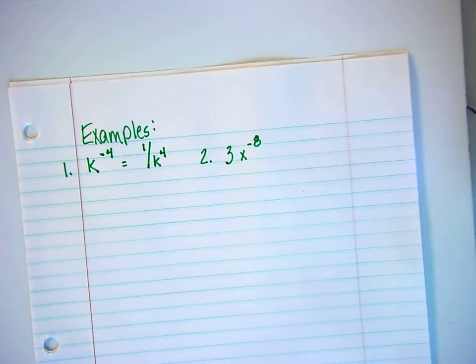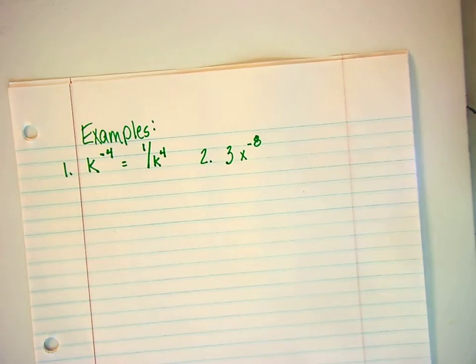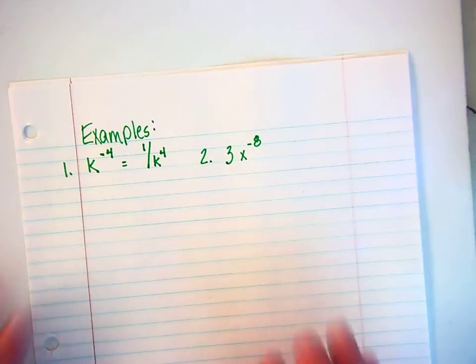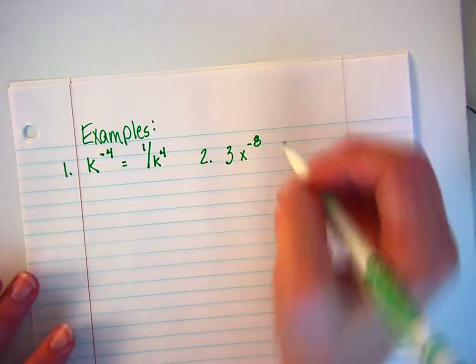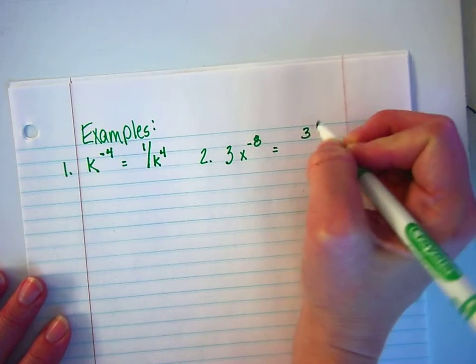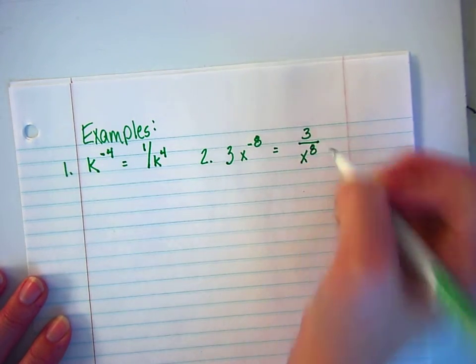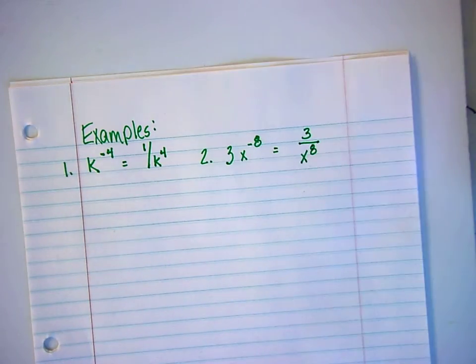Does the negative 8, that exponent, is it affecting the 3? No. Is it affecting the x? Yes. So what am I going to do with that x? Okay, divide it. So now I have 3 as my numerator. x to the power of 8 is in the denominator spot. Just catch up with us here, okay?